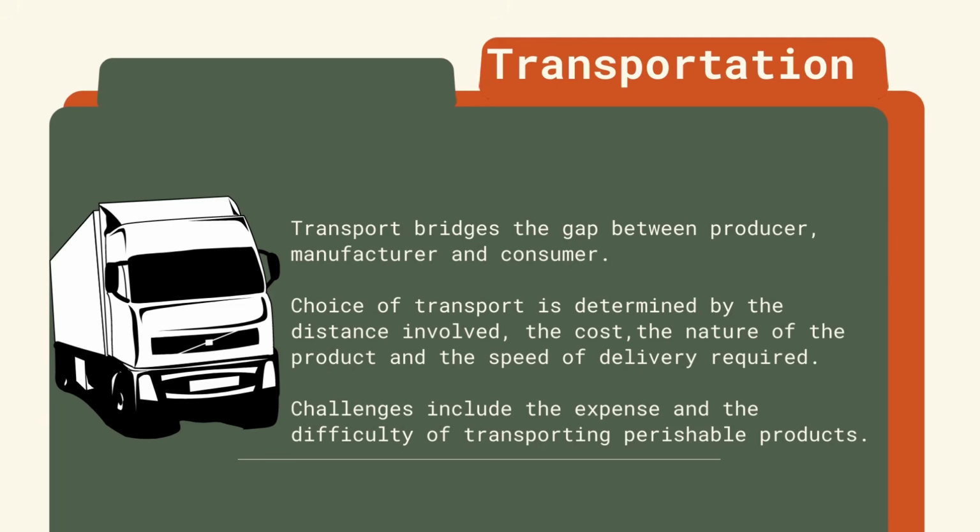Those are the things that are involved. The challenges may include the expenses and the difficulty of transporting perishable products, right? So basically, when we're talking about transportation as a marketing function, we are talking about moving the produce from the farmer to the market. Basically, that's it.